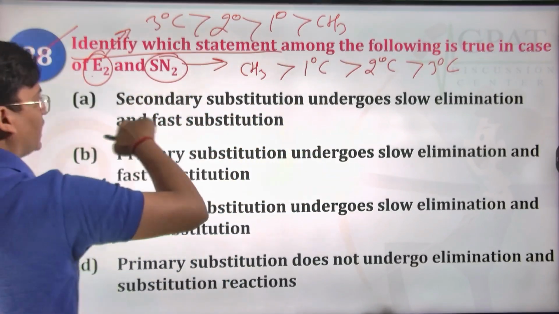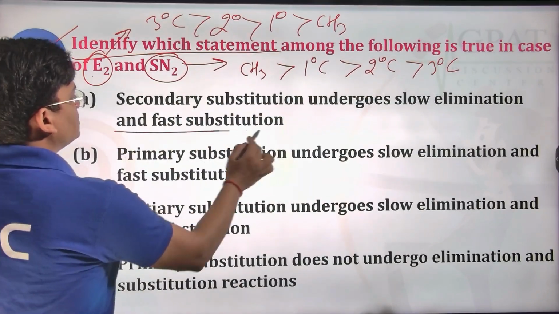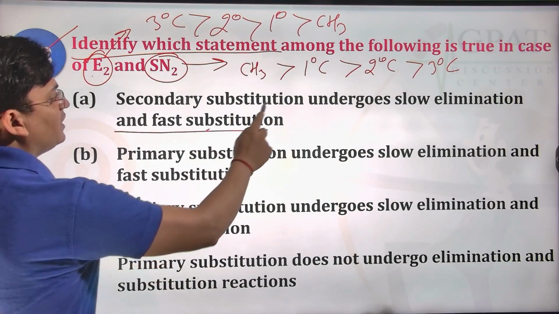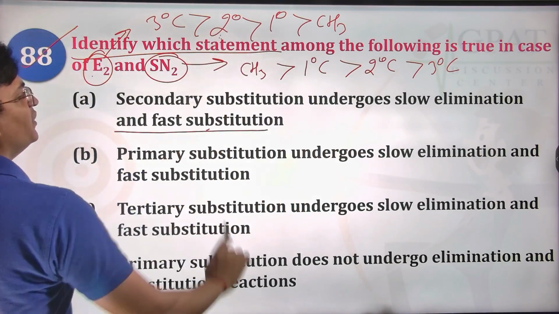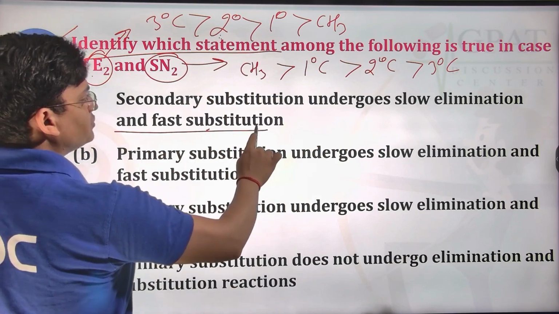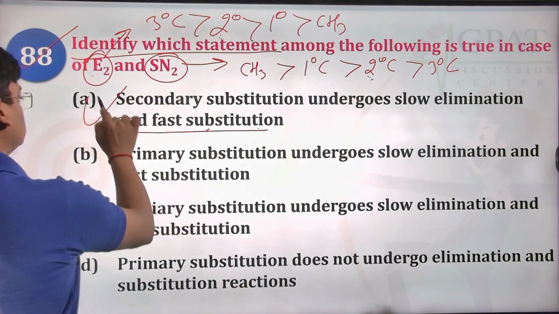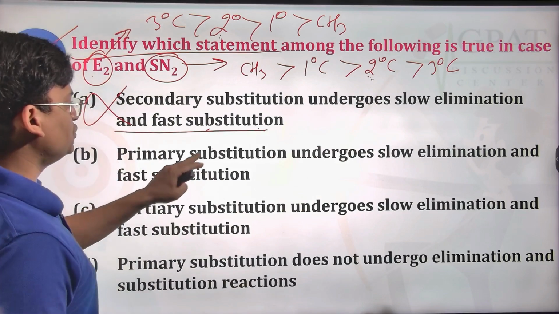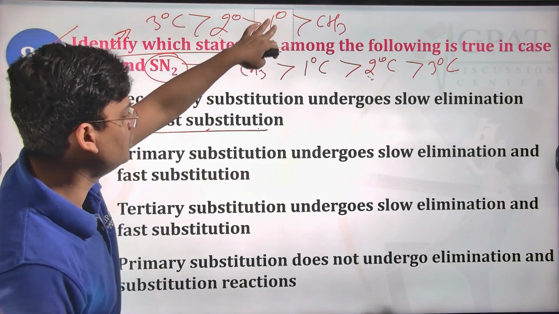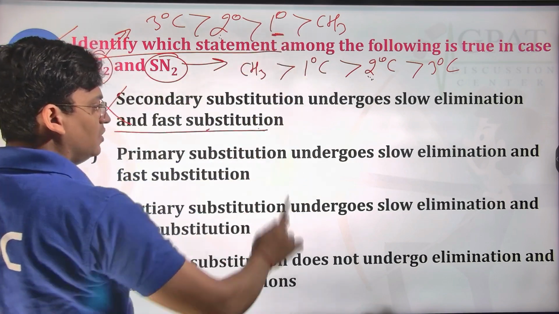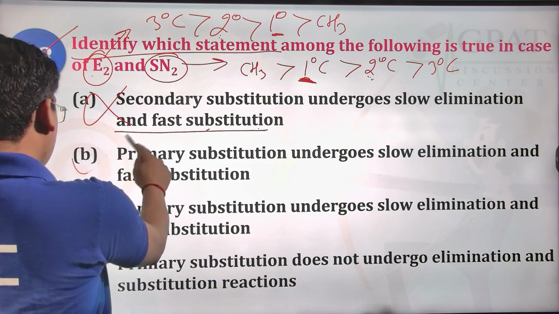Now, secondary substitution, slow elimination and fast substitution? No, substitution should be very low, so this is wrong. Primary substitution undergoes slow elimination and fast substitution, yes, this can be correct.